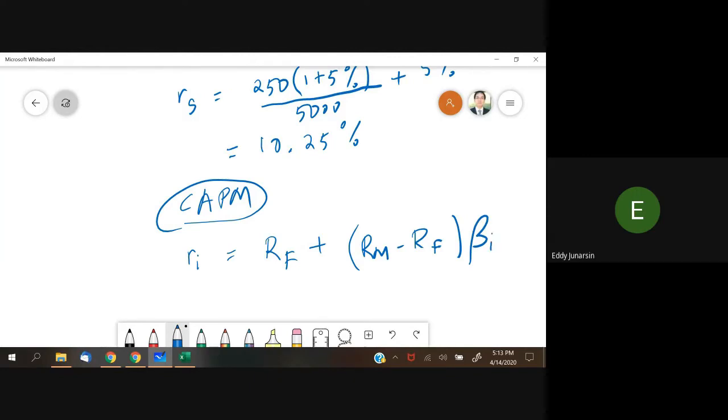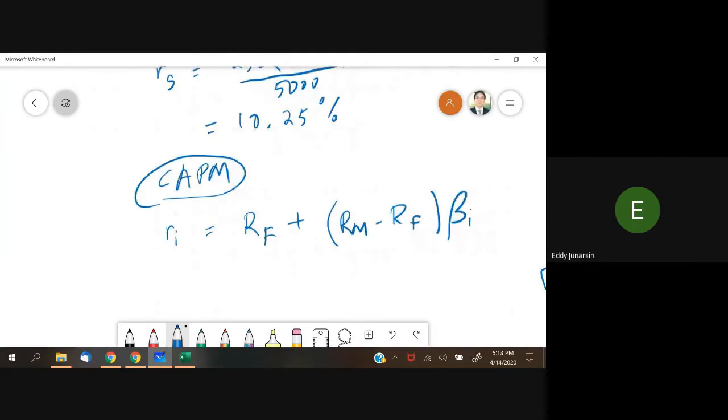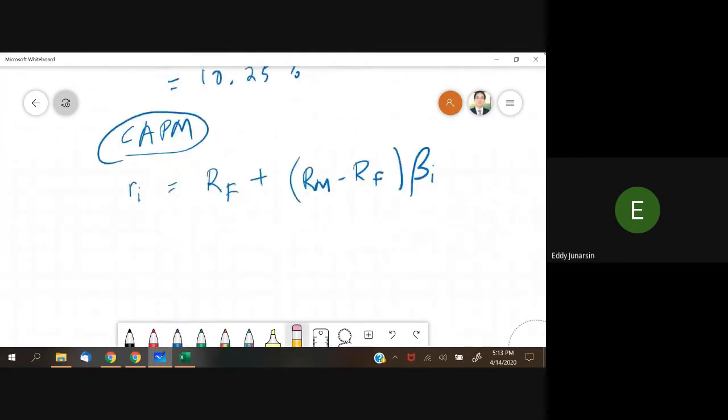Okay, so for example, we have a situation. If you know the risk-free, then what is risk-free? We define the risk-free rate as the interest rate offered by government securities.